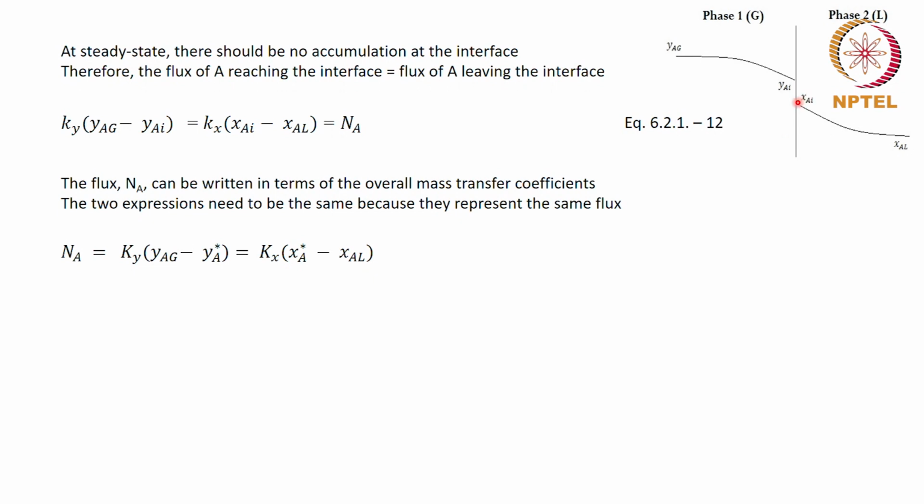XA star is the liquid side concentration, which is in equilibrium with the bulk gas concentration. Okay. So this is the same flux NA. This is written in terms of individual mass transfer coefficients. This is written in terms of the overall mass transfer coefficient. Equation 6.2.1-13.